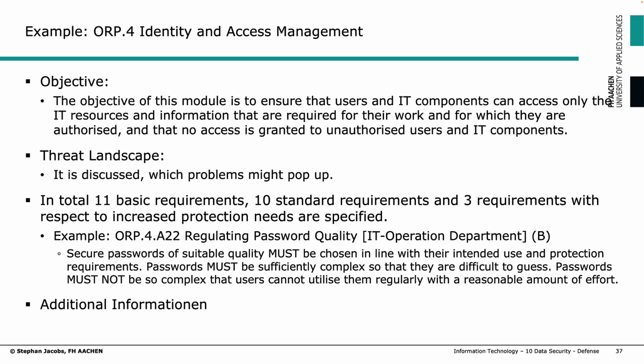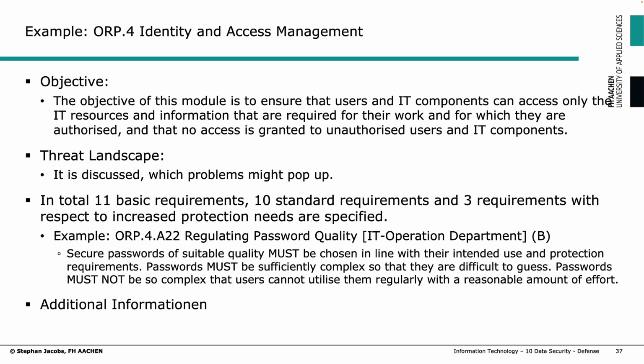Let's take a look how these modules are organized. Let's take, for example, operation number 4, identity and access management. The principal structure of the module is always the same. First, there is an objective.